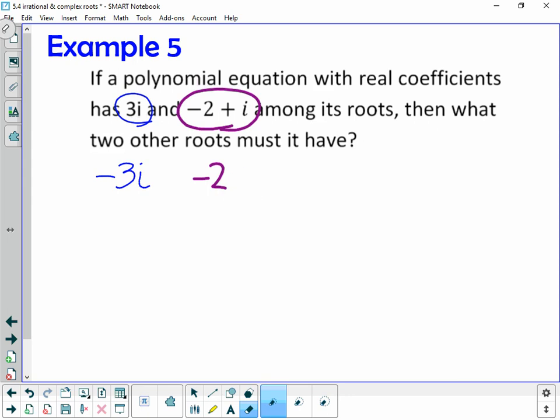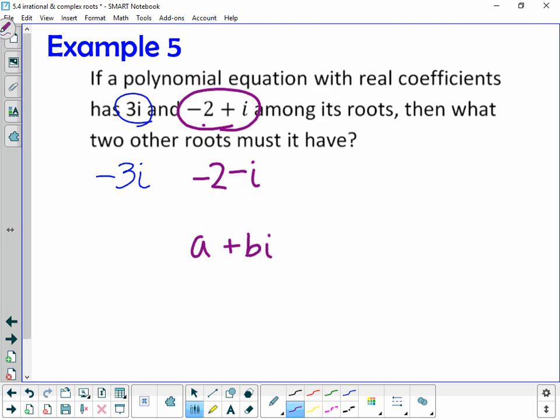It should also have a -2, and it would be -i for its conjugate pair. So we found the other two roots of the polynomial. Again, that -2 did not change signs. The a stays the same, a plus bi and a minus bi. Only the bi portion of it changed.